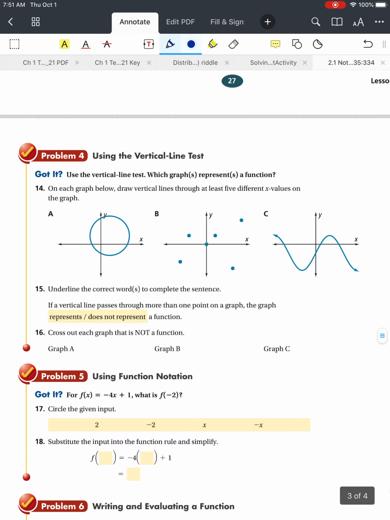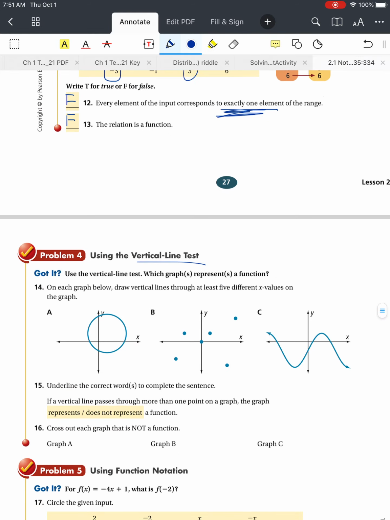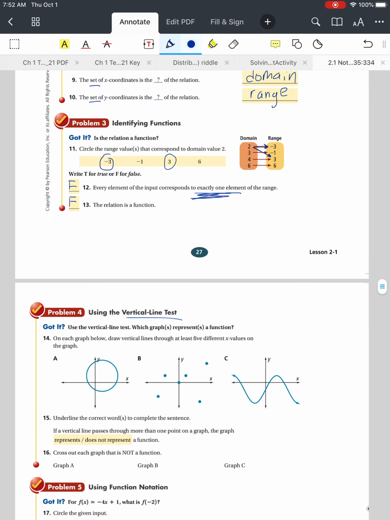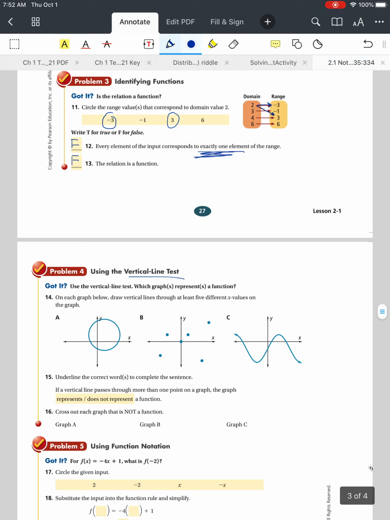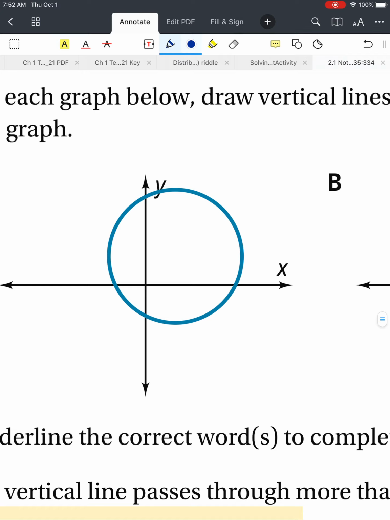You guys might have done this before, but there's something called the vertical line test, where, let's say we don't have just numbers here, we don't have a mapping diagram to literally see the arrows or ordered pairs, and we just have a graph. I know technically in a graph we could list out all the ordered pairs, but there's a ton in here, and that would take a long time. A very fast way to do this is just draw a vertical line.